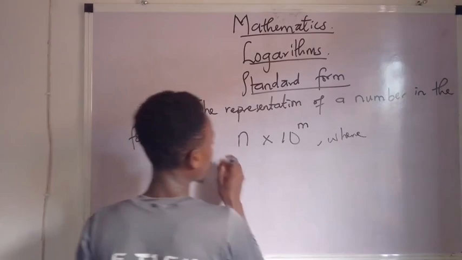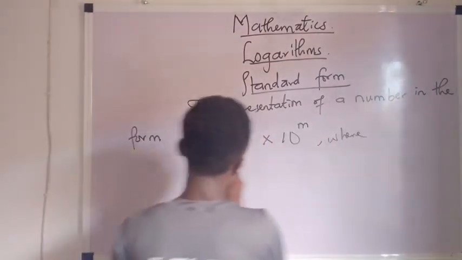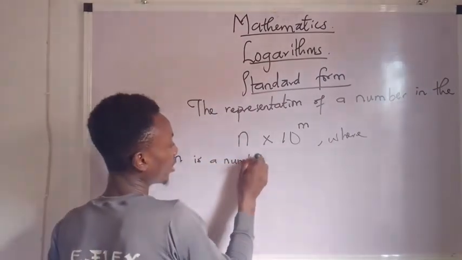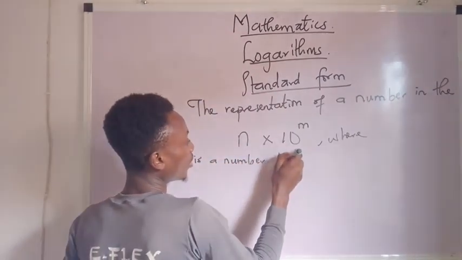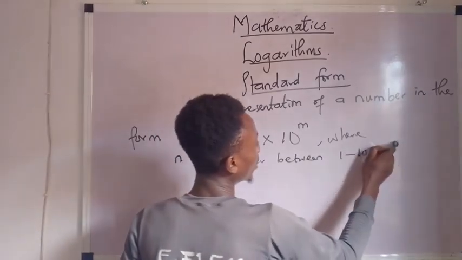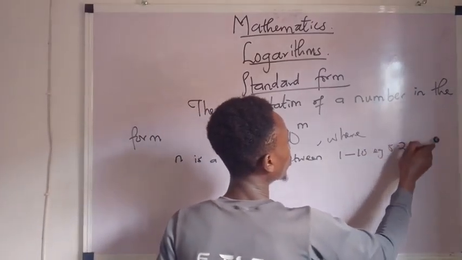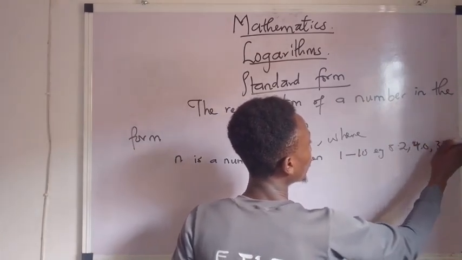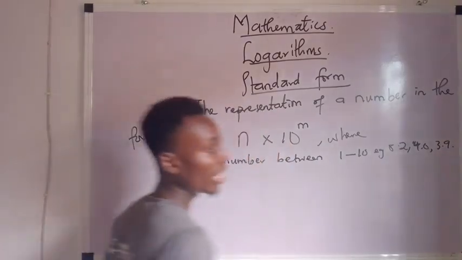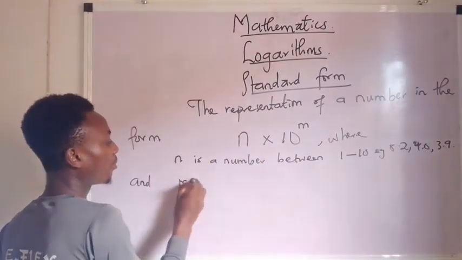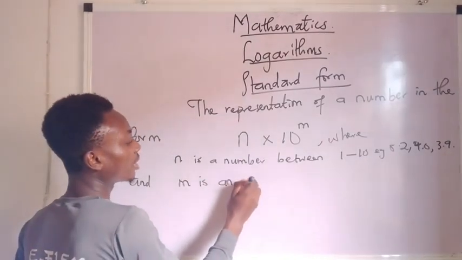where n is a number between 1 to 10, e.g. 8.2, 4.0, 3.9 and the rest, and m is an integer.